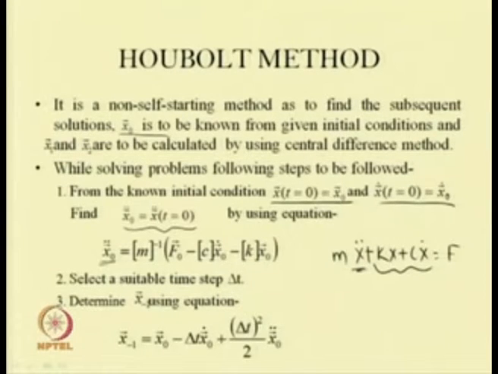By putting this, one can get the initial condition and obtain x minus 1 from this equation, which we have already seen in the central difference method. Using this expression for x i minus 1, as you are taking i equal to 0, one can obtain x minus 1 from this equation.